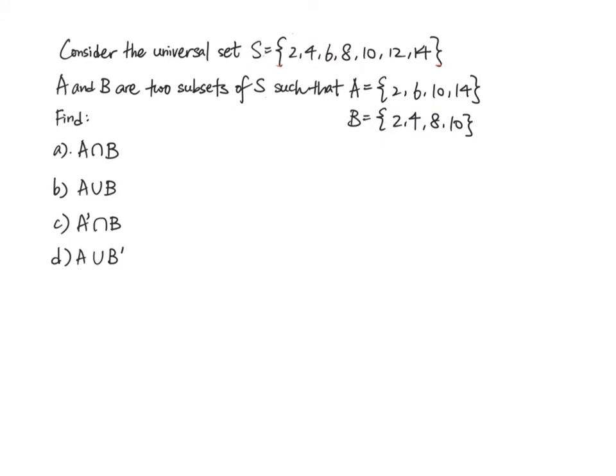So to visualize this, we could actually draw a diagram, what we call a Venn diagram. So here's the set of S. It's called a universal set. Basically, it's more like the world of everything.